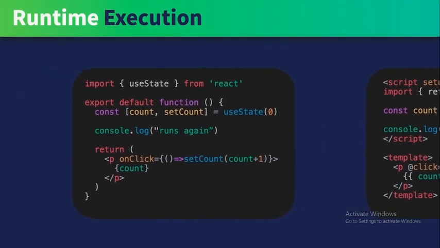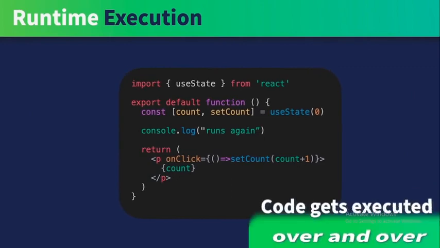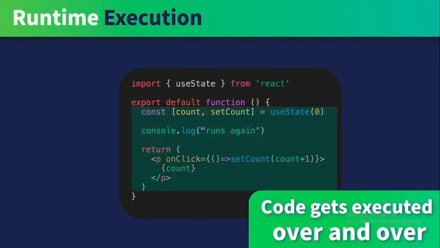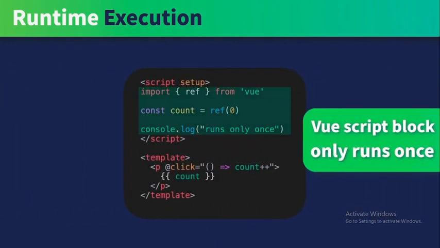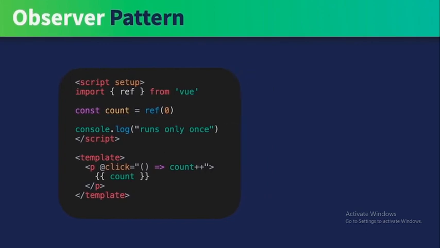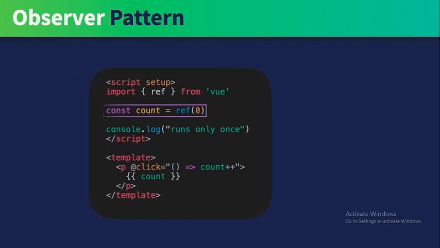As you know, the code inside a React component will get executed again and again as part of the reactive process. But on the other hand, the Vue.js script block only runs once. And that's because Vue.js was implemented differently with the observer pattern. The Vue.js state is basically an object that can be subscribed to, and the subscriber will get notified whenever a state change occurs.